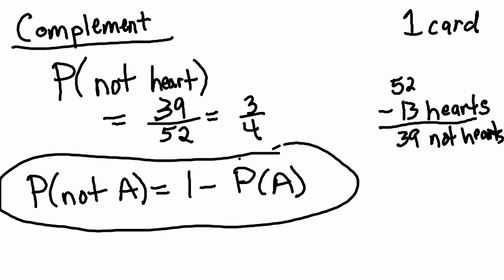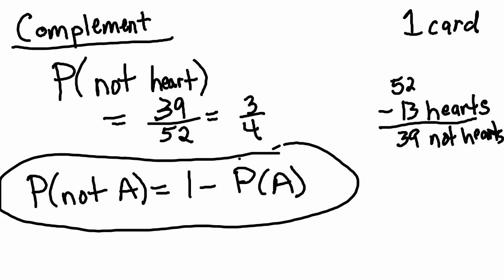And that should make sense because, see how we subtracted it from 52? That was our whole. 52 is our whole. And 1, or 100%, which is the same as 1, is our whole. So if we want the probability that's not A, we take away A from the whole.